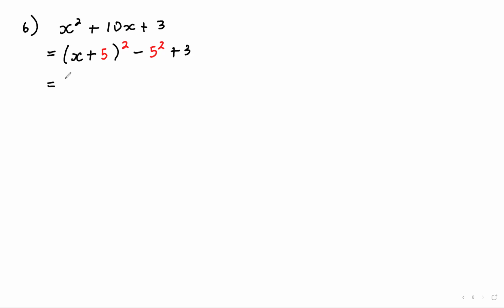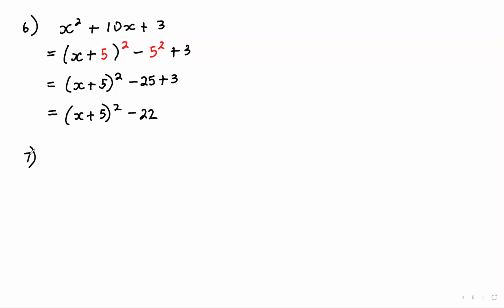And then the next line is the same thing. x plus 5 squared, minus 5 squared is 25. So minus 25 plus 3. So x plus 5 squared minus 25 plus 3 is negative 22. Perfect.